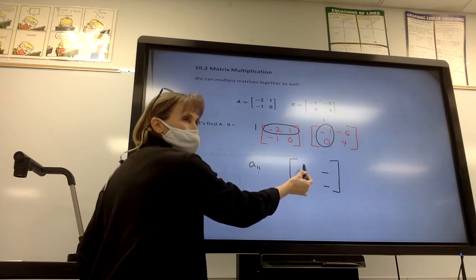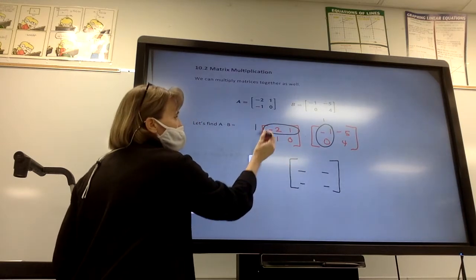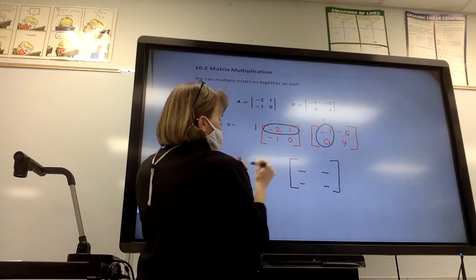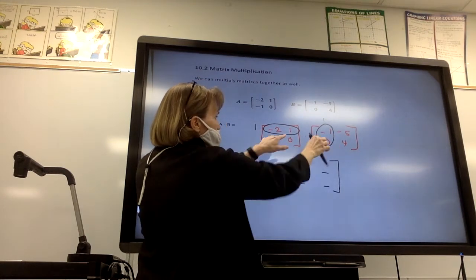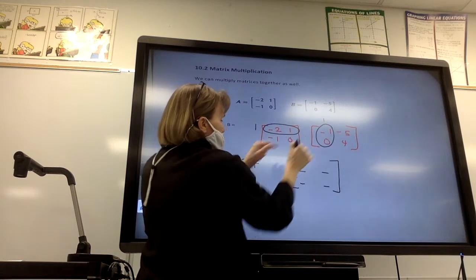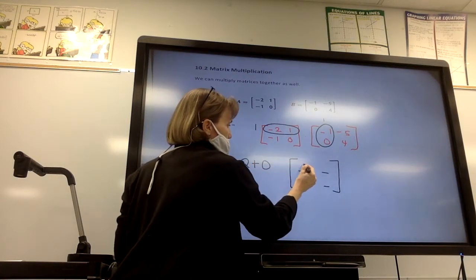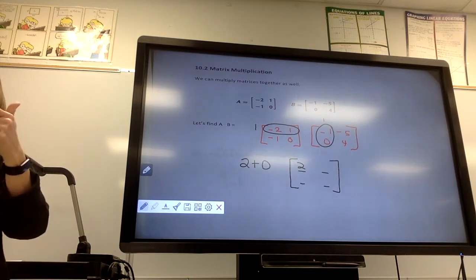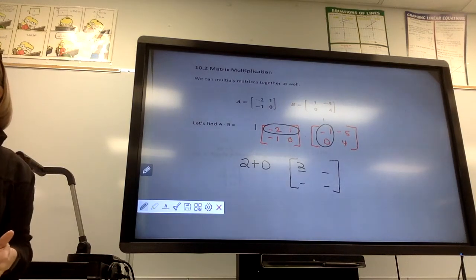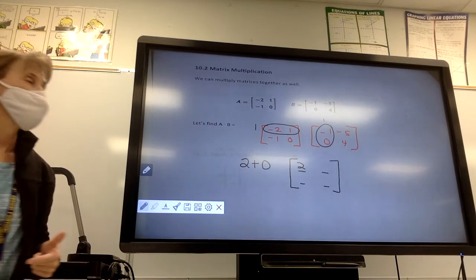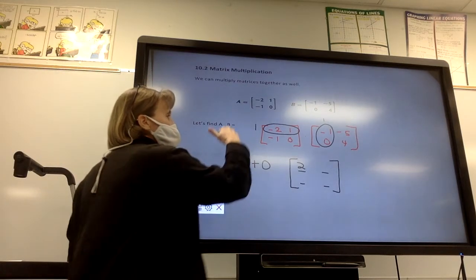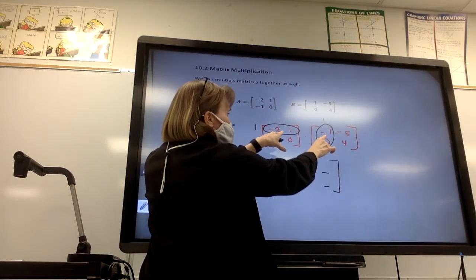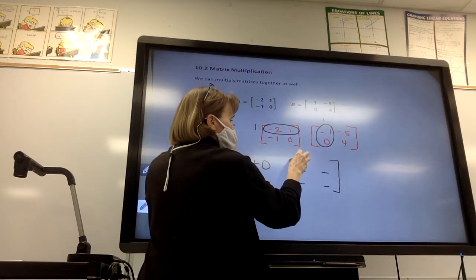It's going to go right here. And how I do that is I multiply the values. So I'm going to take -2 times -1, and I get a +2, plus I take 1 times 0. I get 0. And 2 plus 0 is 2. So you're multiplying the elements and you're adding their products together. So I took the first row times the first column, I multiplied the elements together, and I added them together.